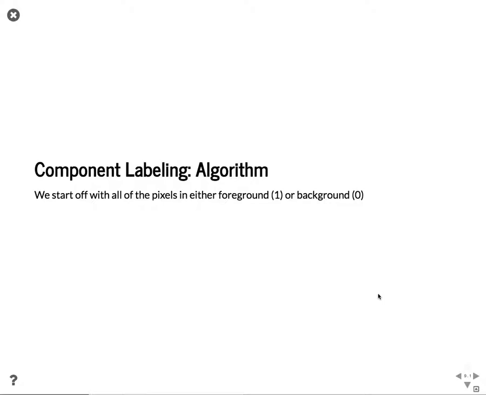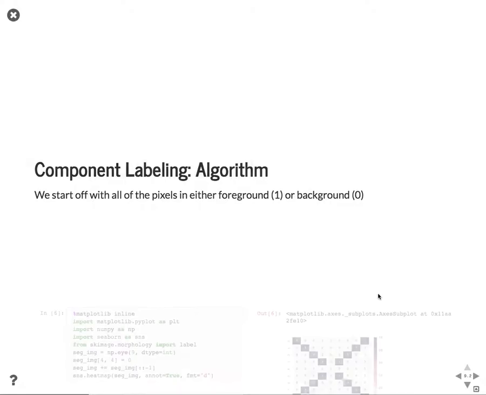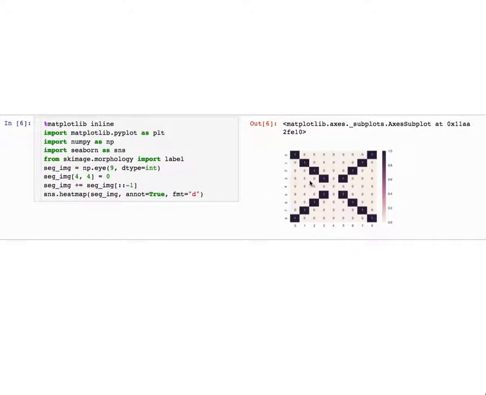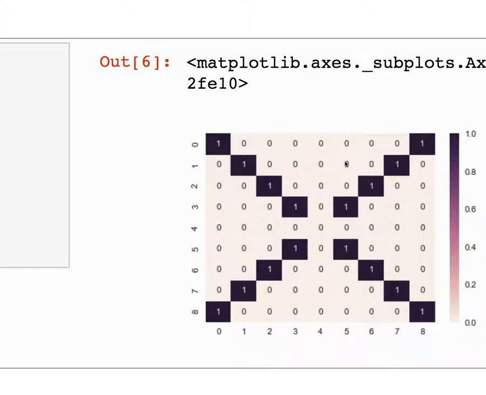For this, we'll say everything that's a car is foreground and everything that's not a car is background. So we'll start with a very simple example here, where we have this X with a gap missing in the middle. And we'll label everything 1 that's part of the object, and everything 0 that's not part of the object.